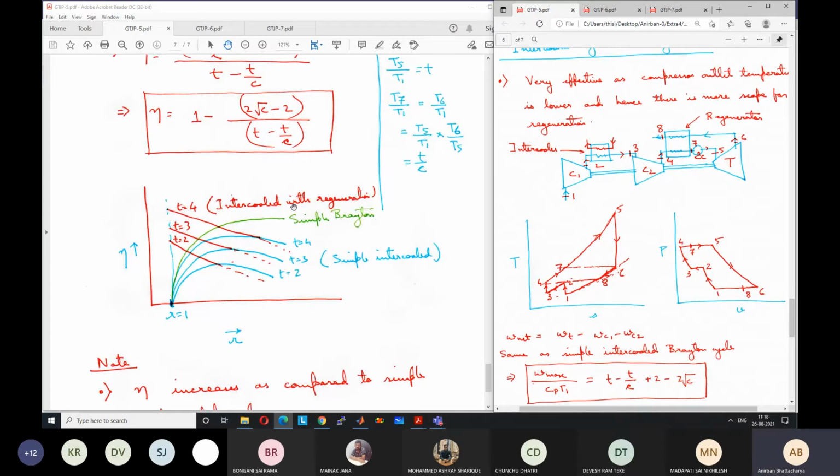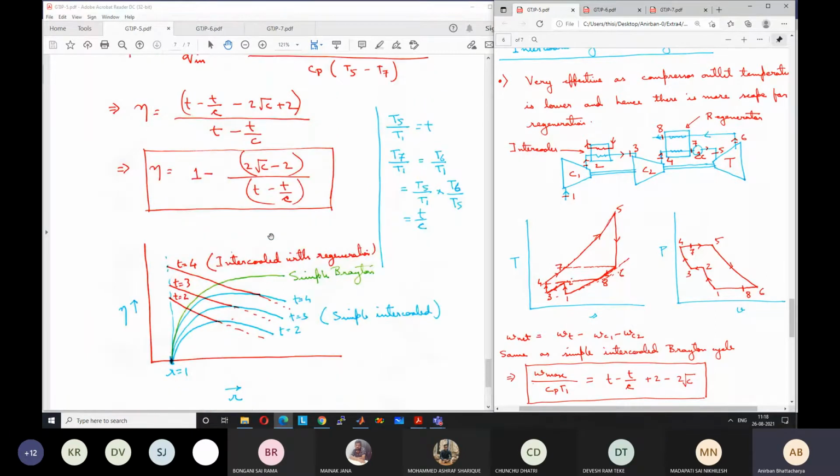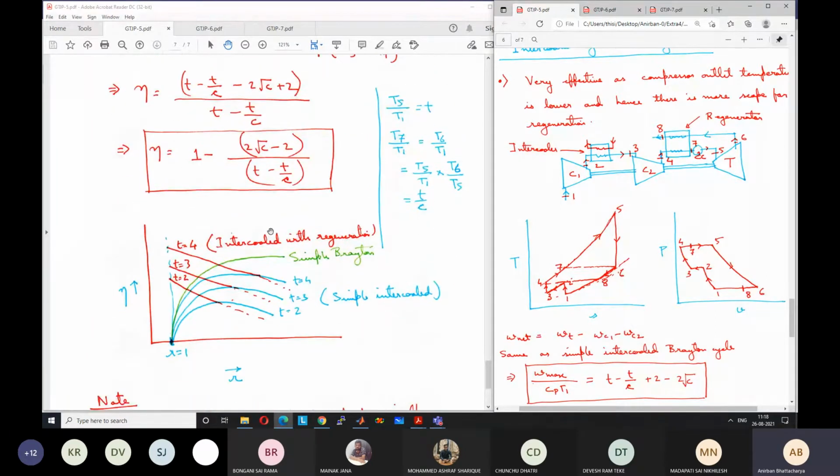So if we plot this efficiency, what about the work output? Work output, because it has not changed, will remain the same as that of the intercooled cycle. What was the work output for the intercooled cycle? We have seen the plots in MATLAB. It is lower than the reheat cycles but higher than the simple Brayton cycle.